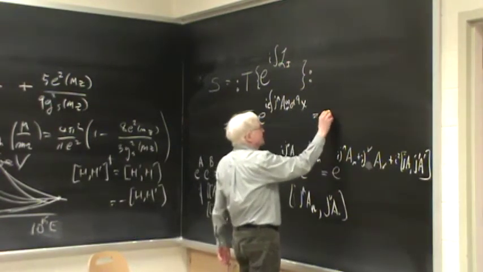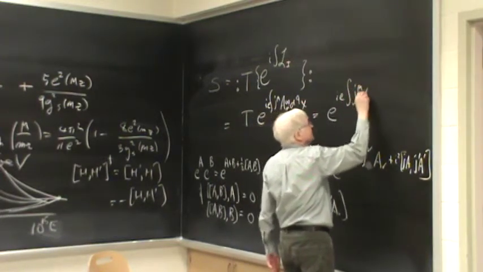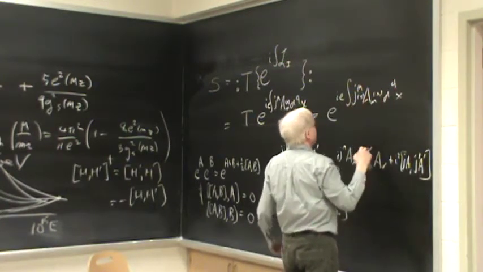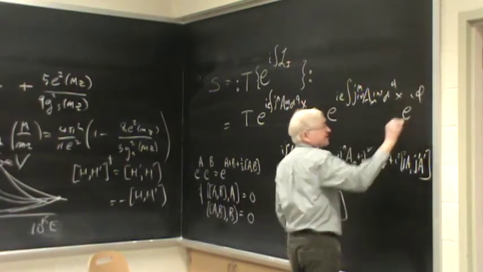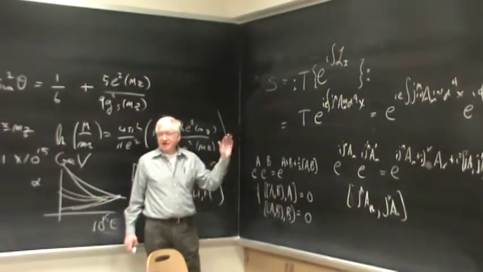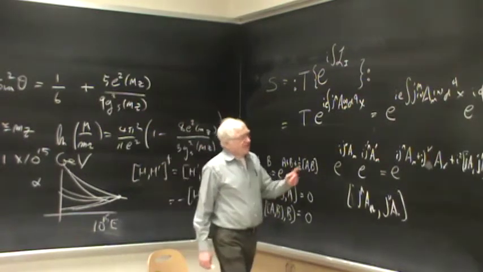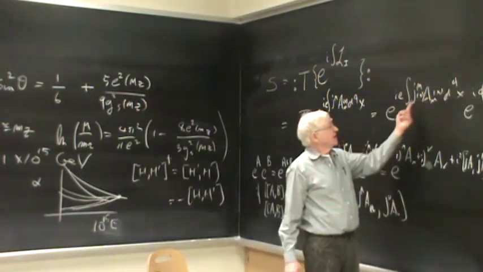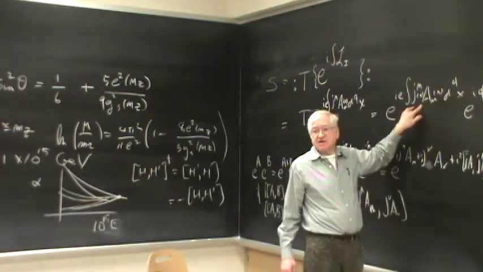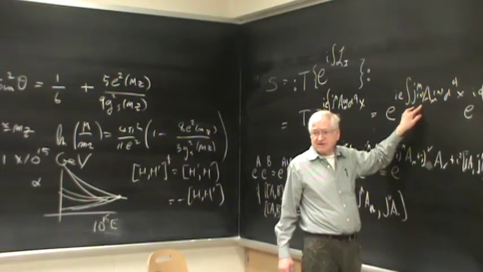And so the actual S matrix then has a very simple form. It's e to the i e times the integral of j mu a mu d4x, apart from a phase, e to the i phi. Moreover, this is exact, and you can either normally order it or not as taste goes. An exponential of an anti-Hermitian linear combination of creation and annihilation operators is automatically what Glauber called a displacement operator.